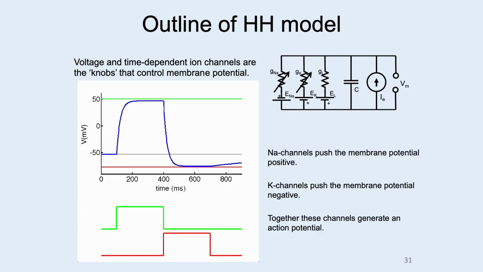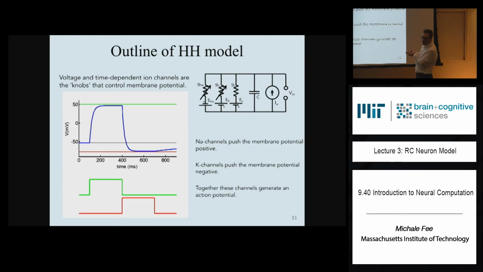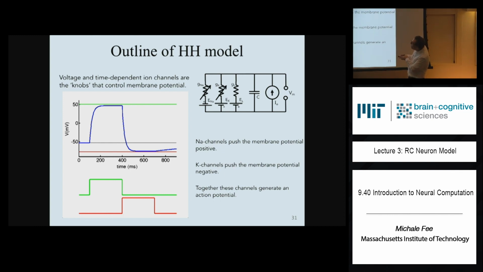When the voltage gets a little bit bigger, what happens to the conductance? Which does what to the voltage? Makes it go up even faster, right? And so you get this runaway process where this conductance turns on very quickly and the voltage jumps up. Okay? That's the essence of the action potential.